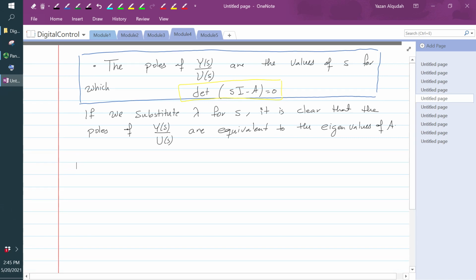And therefore, if I have a state space representation, I can use the system matrix A to calculate the eigenvalues, and that will be the same as the poles of that system if I were to express it in transfer function. Now, for the system to be stable, we know that all the poles have to be in the left half plane, and that is equivalent to saying all the eigenvalues have to have a negative real part.